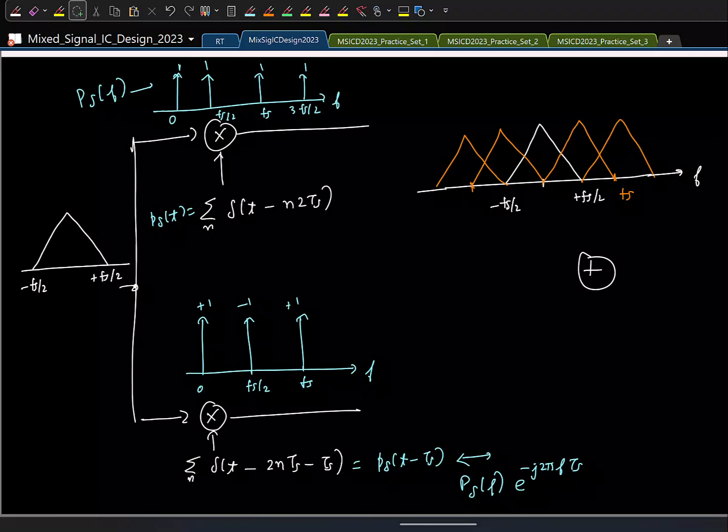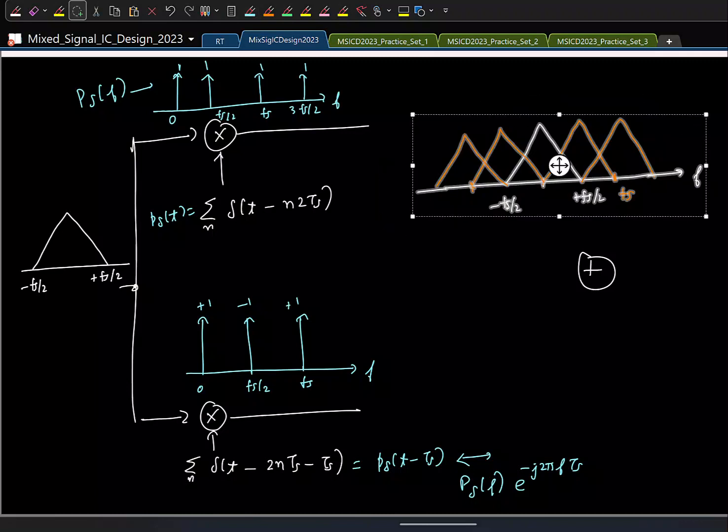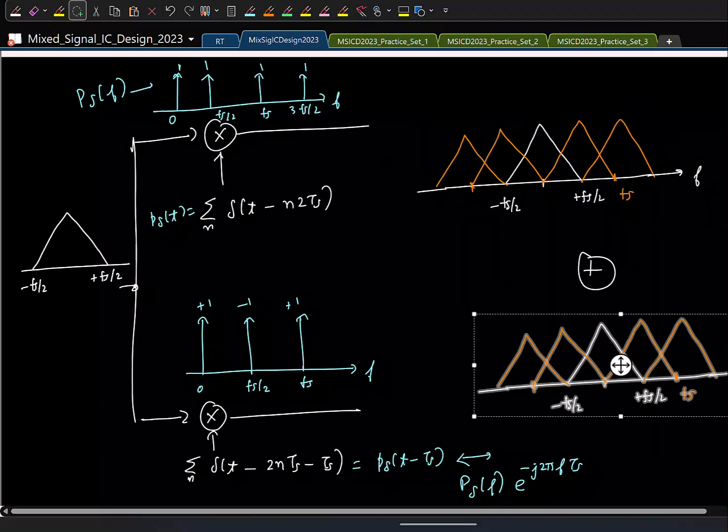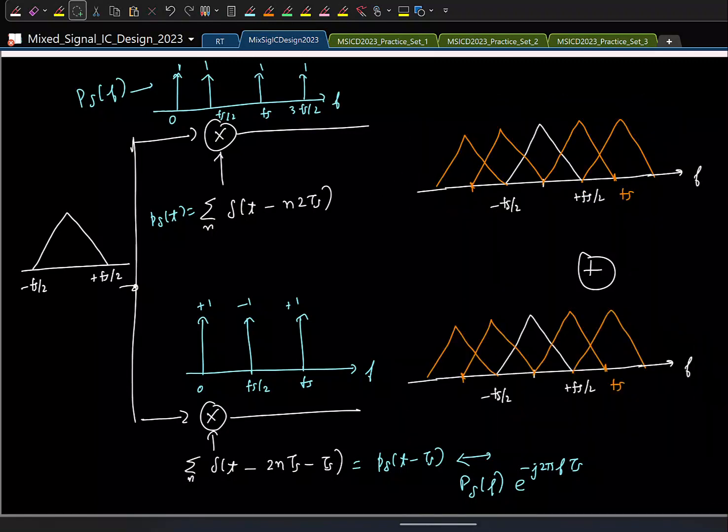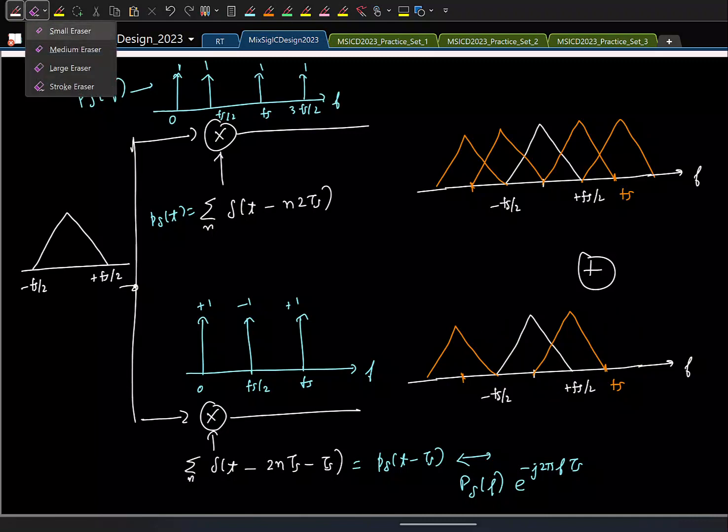So if I actually look at the spectrum for the bottom, how will it look like? Yeah, so essentially for even frequencies around multiples of fs, the images will be fine. But around odd multiples of fs by 2, the spectrum will basically flip like this.